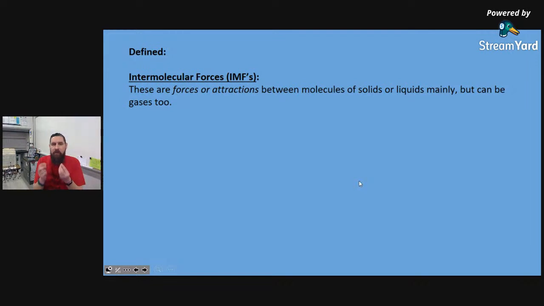That is an intermolecular force. Please don't confuse this with an intramolecular force. An intramolecular force is, in essence, a chemical bond, ionic or covalent. If you're not sure what an ionic or covalent bond is, take a look at my previous video on bonding, which should answer any questions you have regarding covalent, ionic, and metallic bonding.